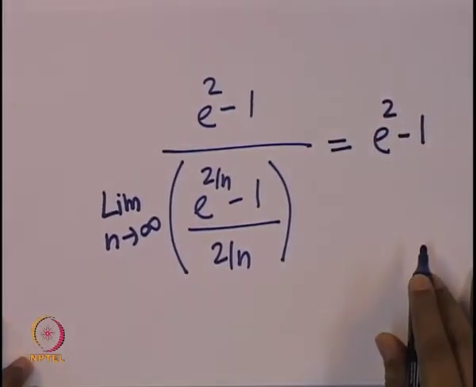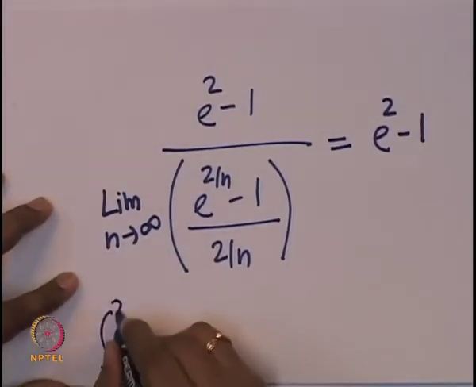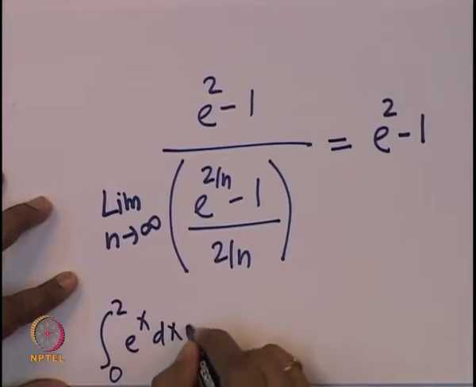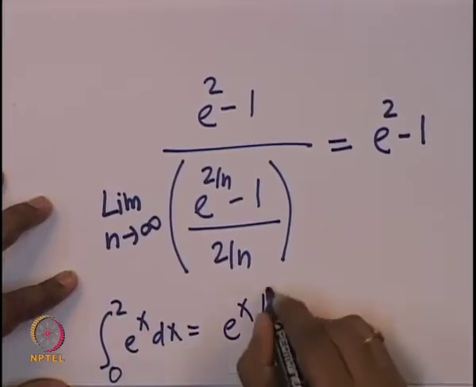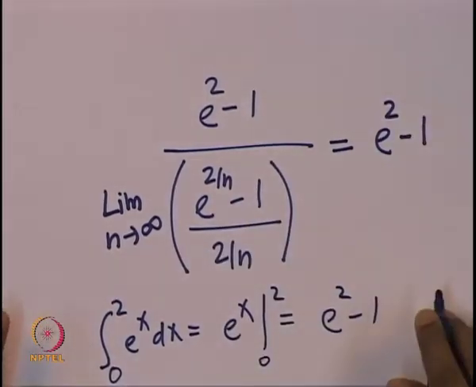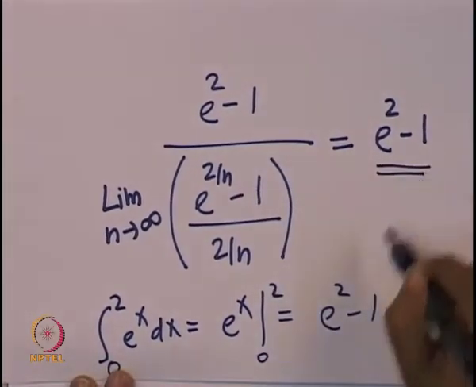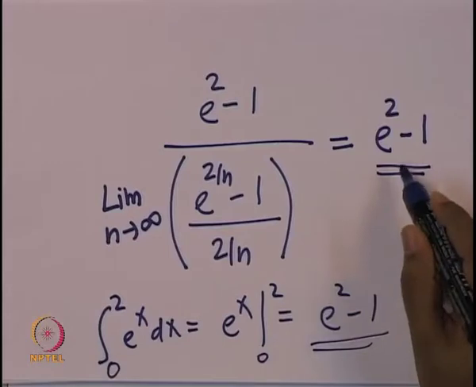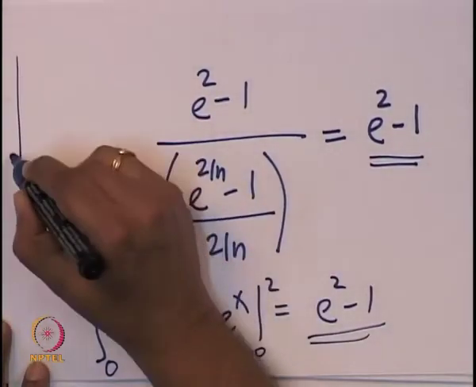We saw previously that the integral from 0 to 2 of e power x dx is nothing but e power x from 0 to 2, which is e square minus 1. So we got the answer both ways. By doing a sum, we got e square minus 1, which is the area under the curve we drew.